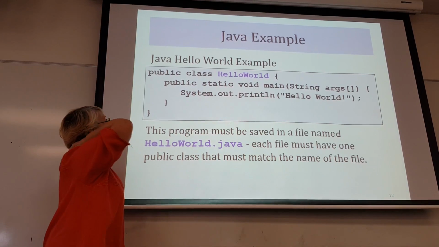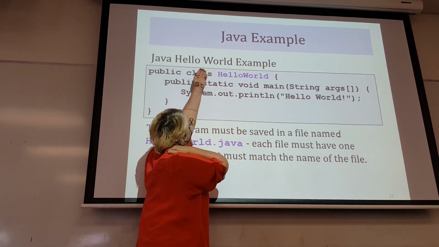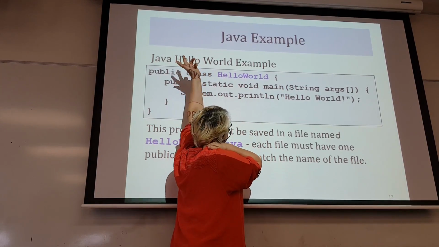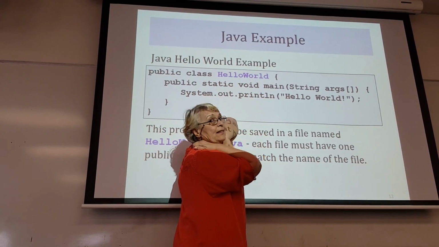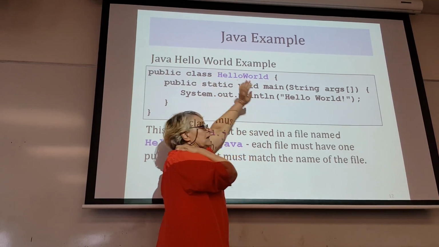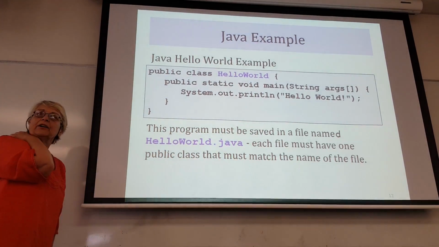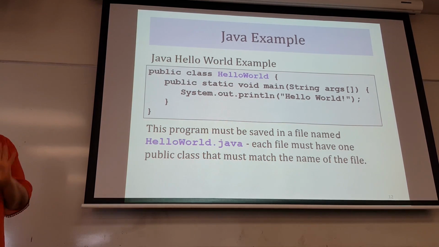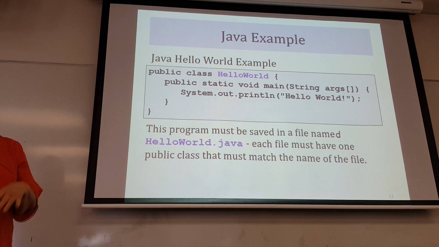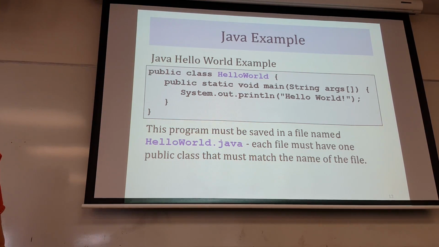Now, as you can see, this is the class we are declaring, the class keyword. This is the name we get for the file. Be aware, in Java there is a convention. Classes start with capital letters. It's a convention, it's a style. Everyone in the Java community follows this style.